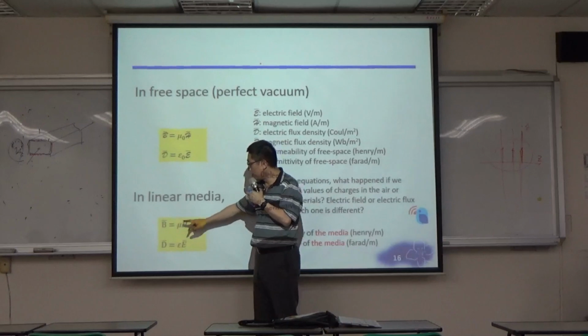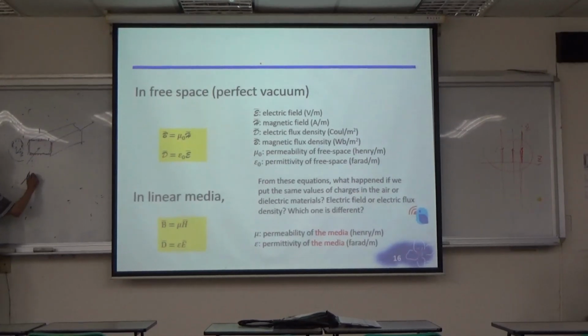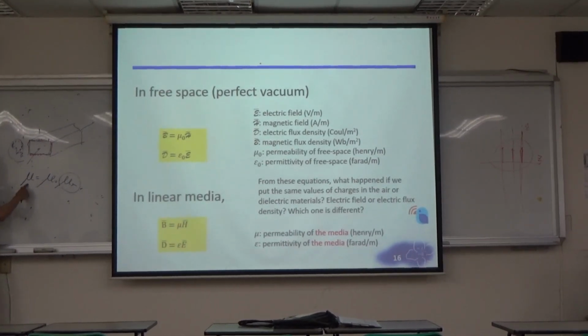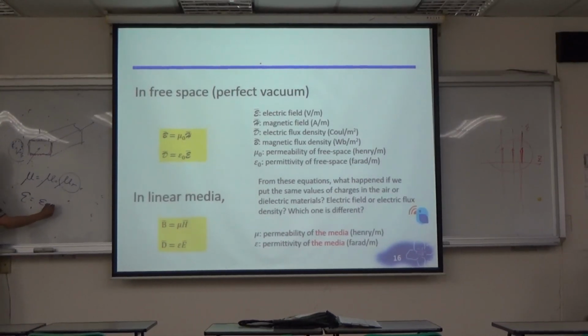The equation is mu equals mu 0 multiplied by mu r, the ratio of your material times mu 0, and epsilon equals epsilon 0 times epsilon r. If it is air, epsilon r is 1, so epsilon is epsilon 0. But if there is something different, you multiply by epsilon r, and your epsilon will be a more complex number.